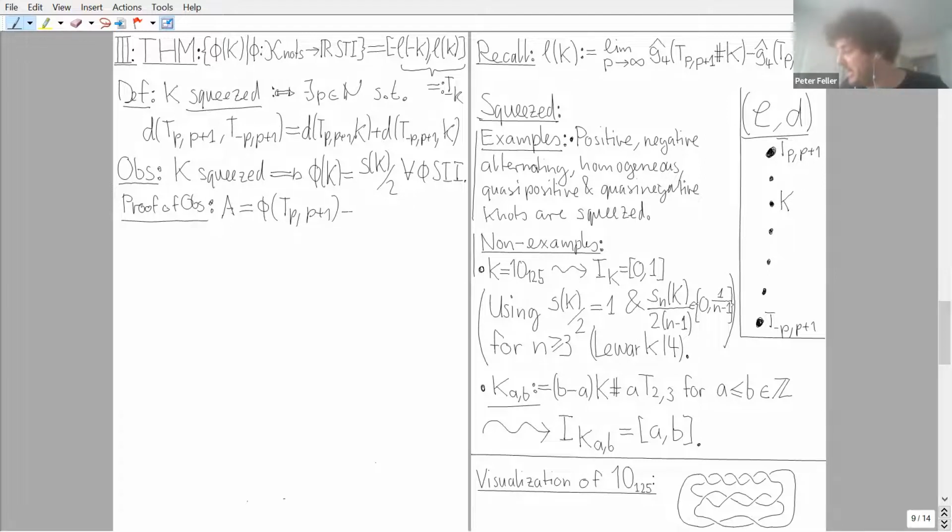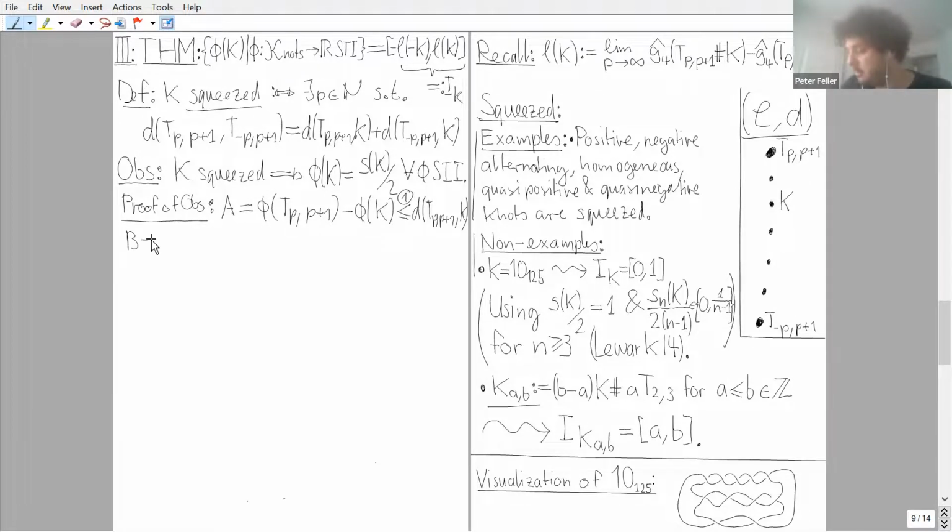If I evaluate a given slice-torus invariant on a given torus knot, and then on my knot that I start with, and I'm going to call that equation 1, then this is a lower bound for the cobordism distance.